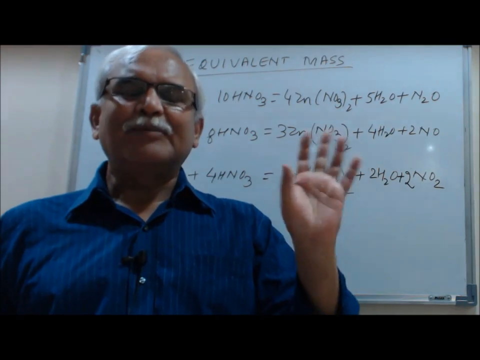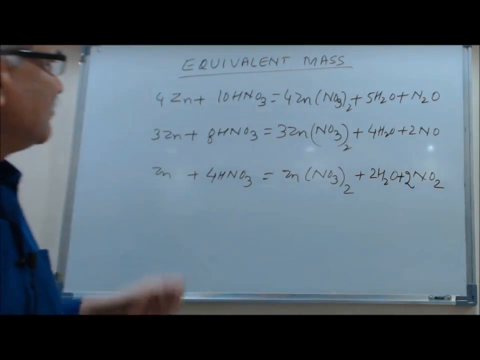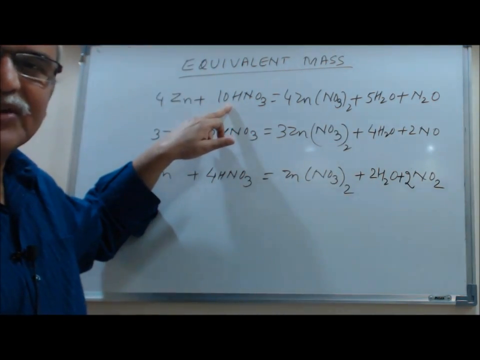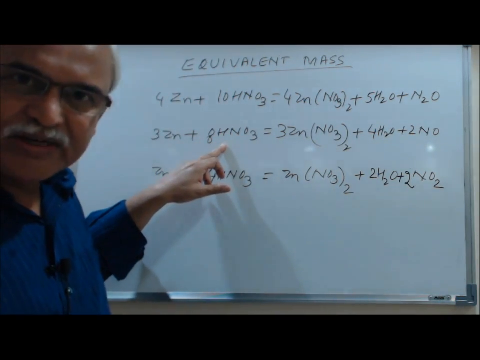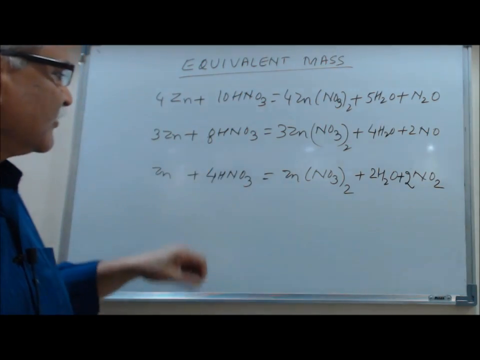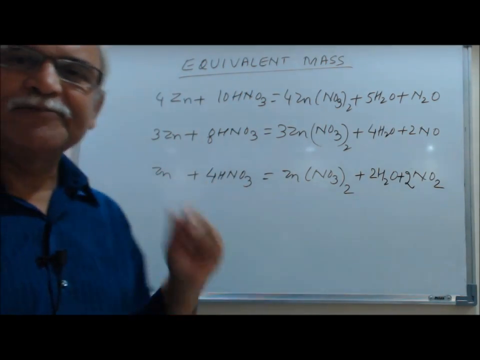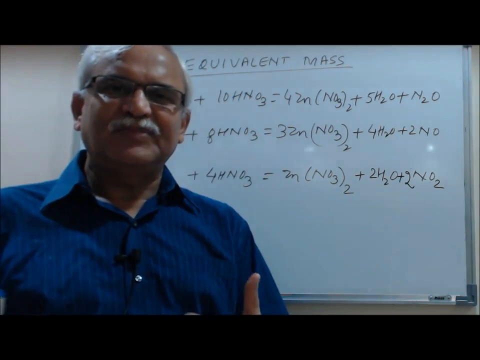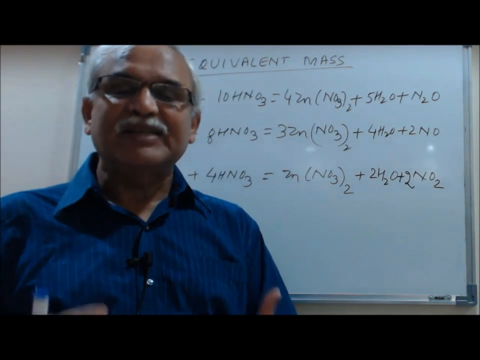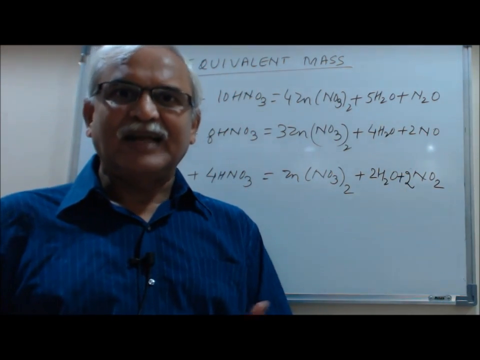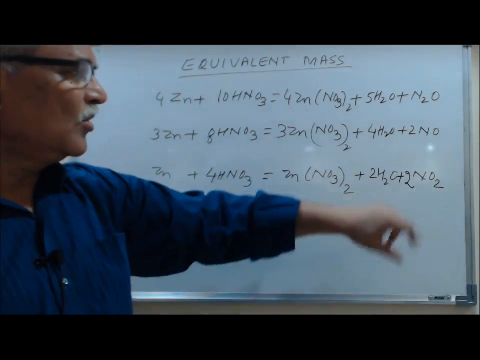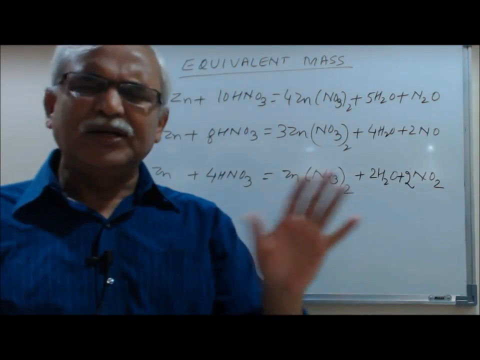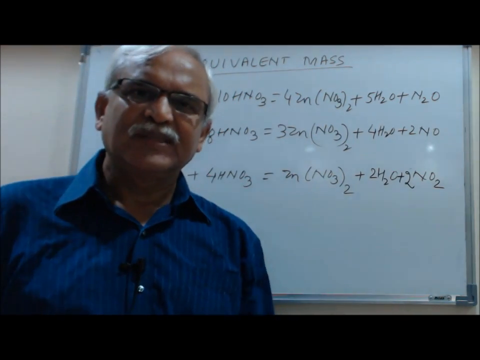Mostly there are three types of reactions: one with very dilute and cold nitric acid, 50% dilute or 50% concentrated and cold, and hot and concentrated. So depending on the state in which nitric acid is and the temperature, we can get either N2O gas or NO or NO2. These are very commonly used reactions in books.